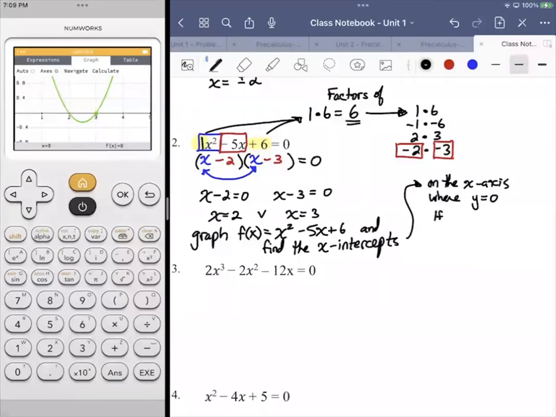If y is equal to f of x, then f of x is equal to 0. So what we would conclude is, on the x-axis, the function f of x, which is x squared minus 5x plus 6, must be equal to 0.